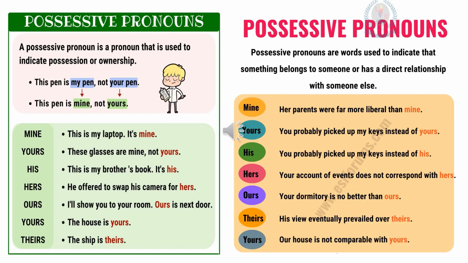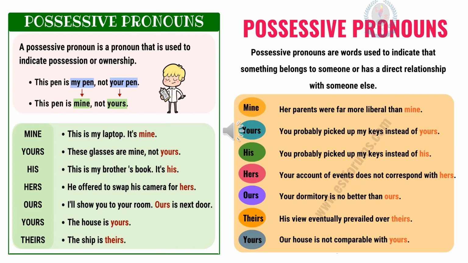Yours. The house is yours. Theirs. The ship is theirs. So they are the owner of the ship. You are the owner of the house. That means yours and theirs.